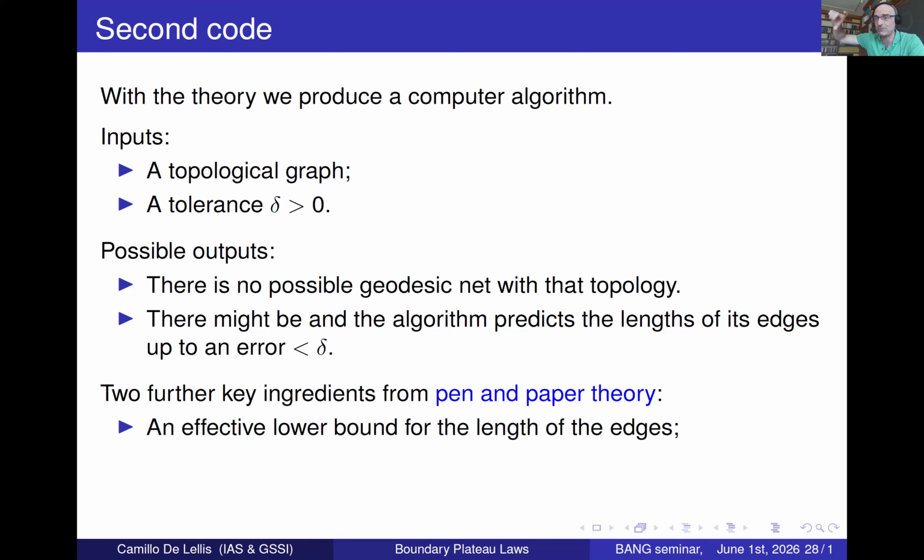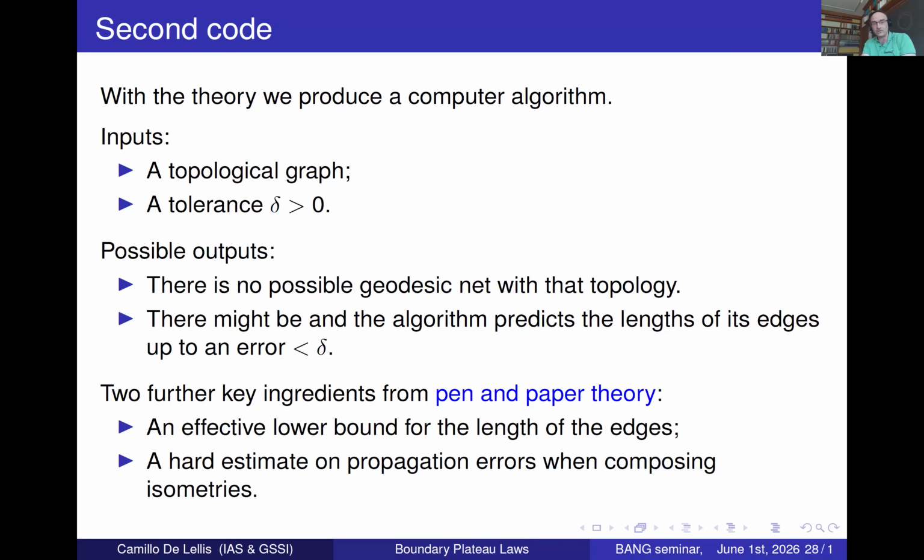The only special edges are the ones connecting to the 2 antipodal points; if you take them away, all the other edges have to be bounded away from 0, with an effective bound, so they cannot become too short. This is extremely useful because for a computer, 0 and a very small number are practically indistinguishable. So having this effective lower bound makes our implementation feasible.